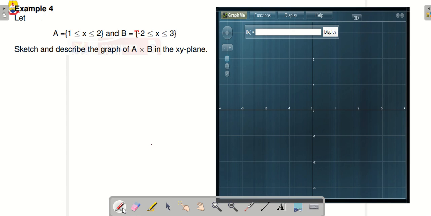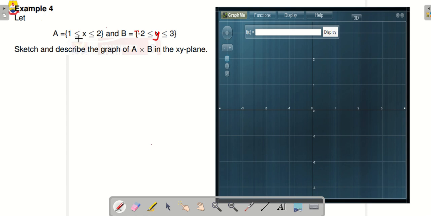So here we have A from 1 to 2, and B from -2 to 3. Since we are in the xy plane, here was supposed to be y, not x. The second set is supposed to contain the elements of y.